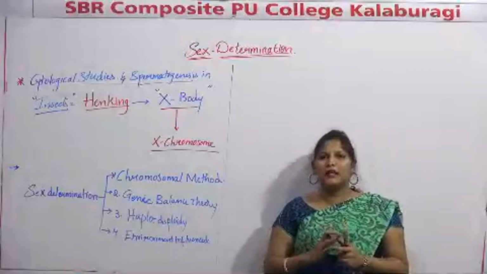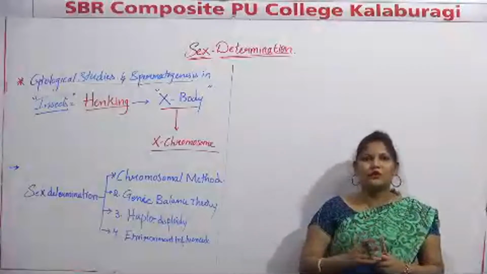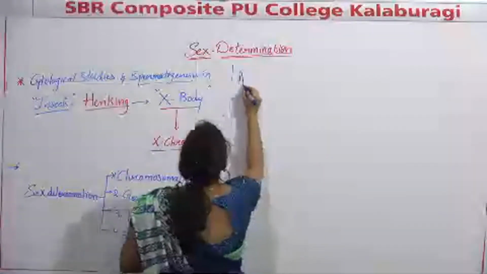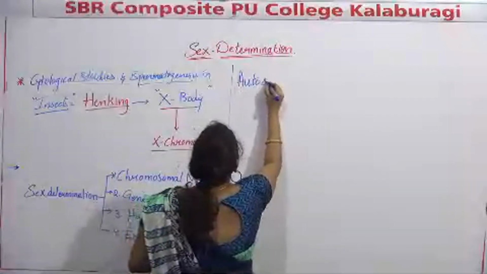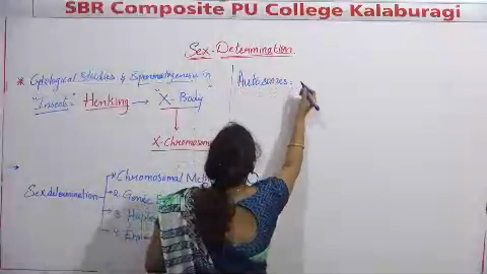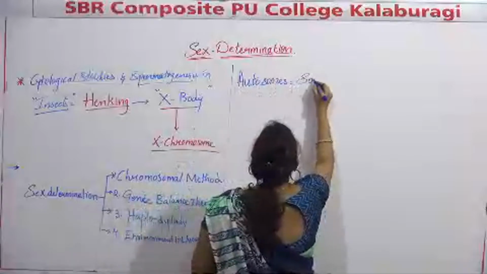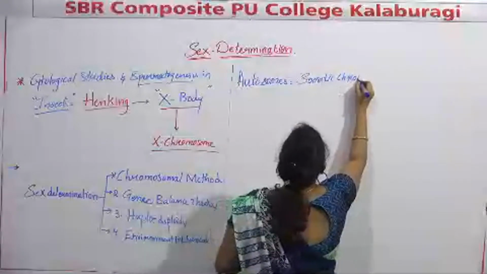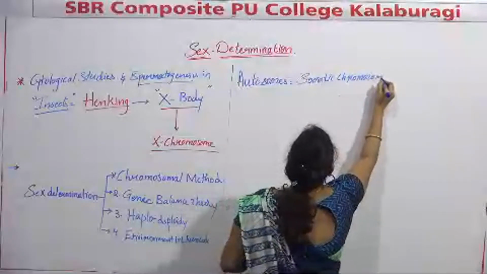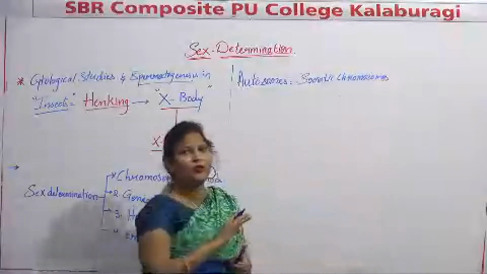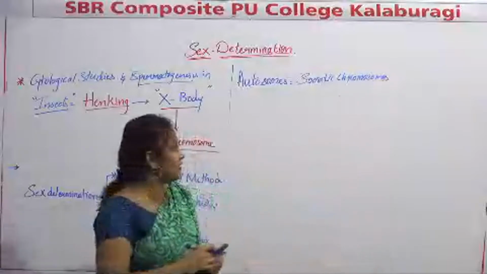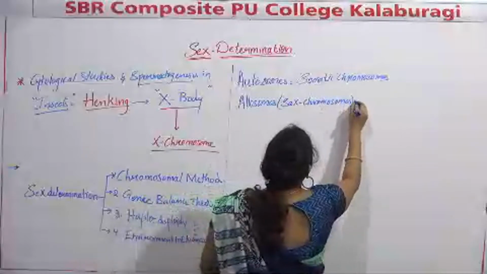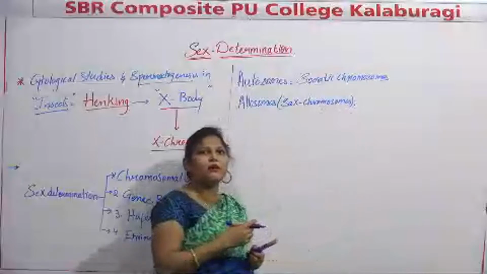Autosomes have no role in the determination of sex. Allosomes are sex chromosomes.